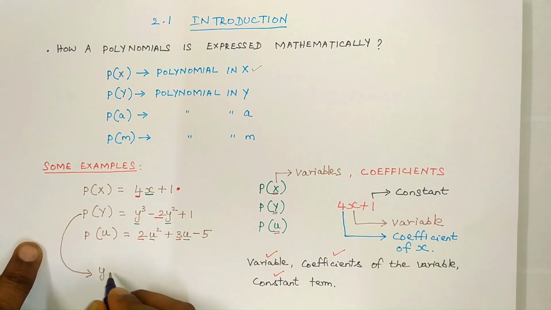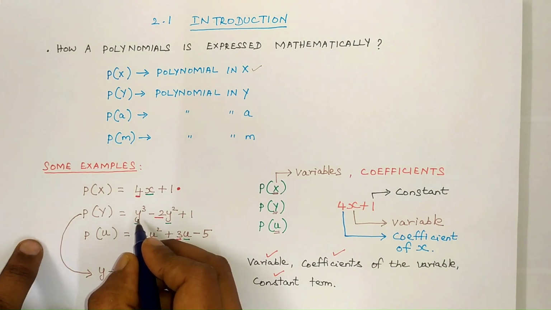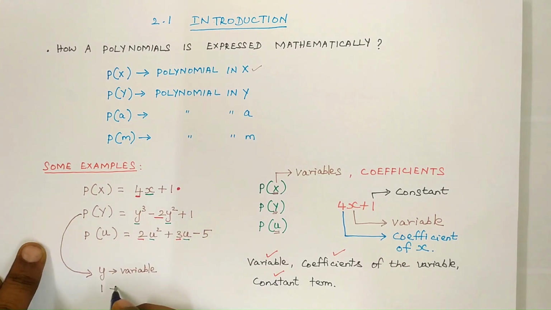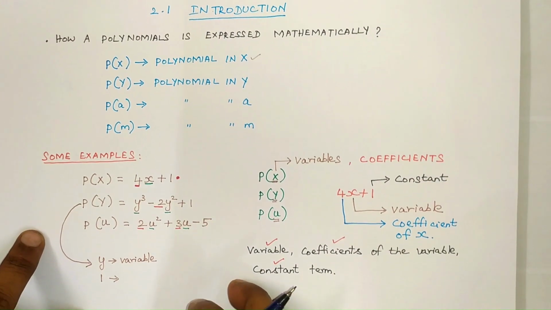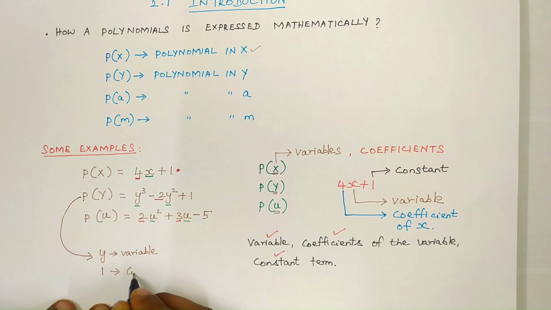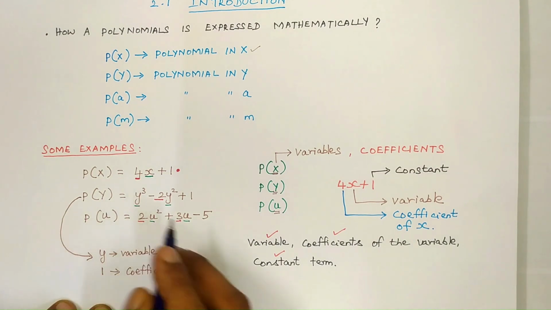Okay, so similarly, if you take this, y is the variable. So what is the coefficient of y cube? Here we have many coefficients. So 1 is the coefficient of y cube.